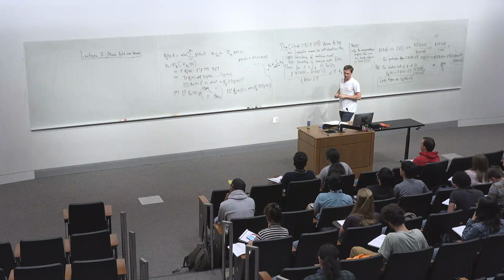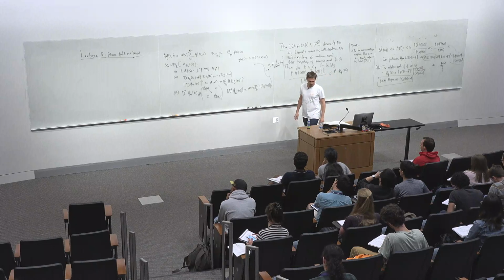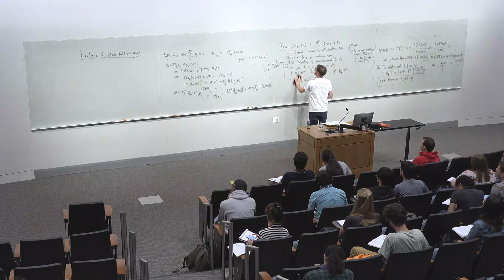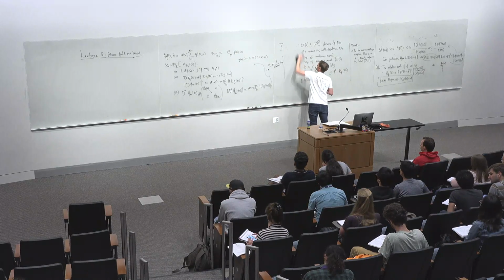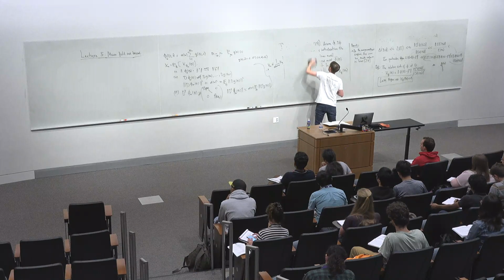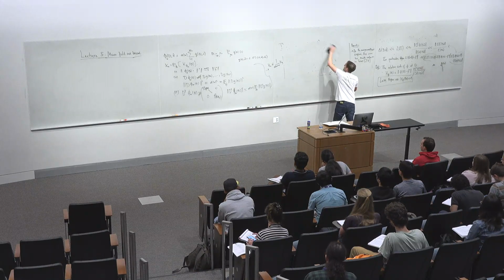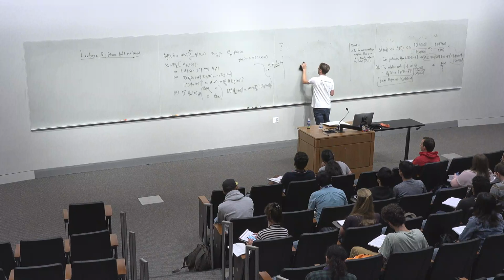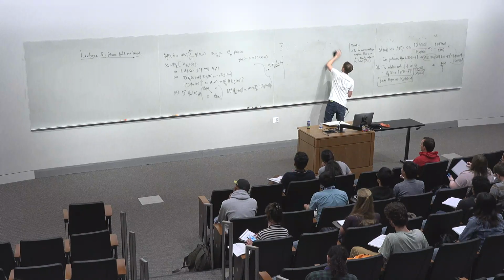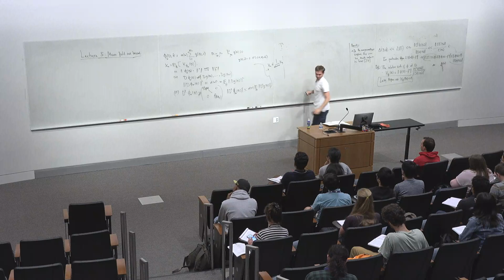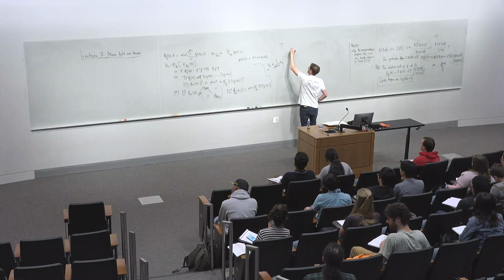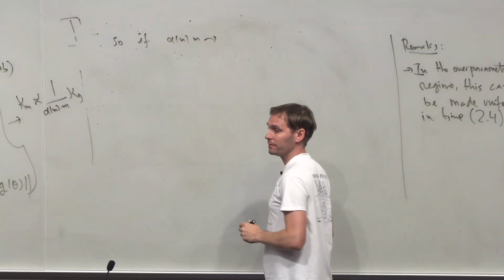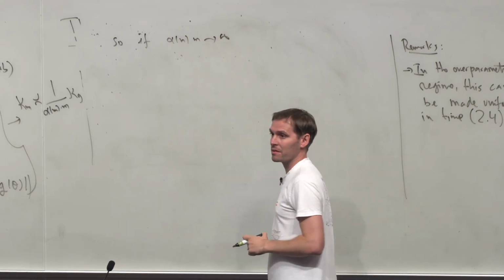So the conclusion is that if alpha m times m grows, then the relative scale goes to 0.